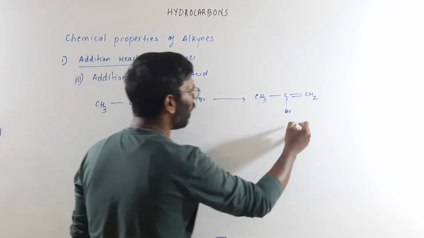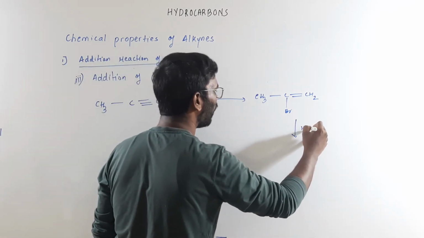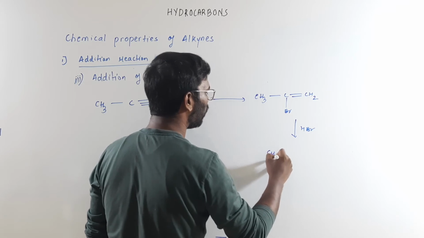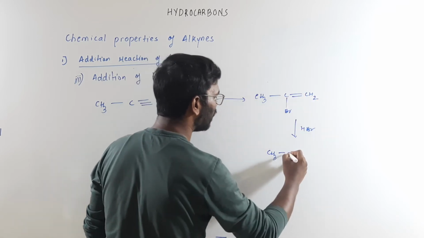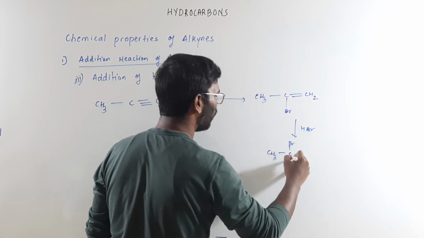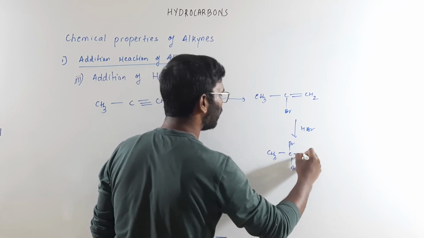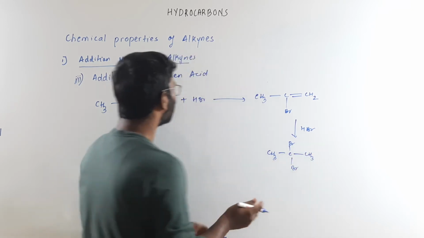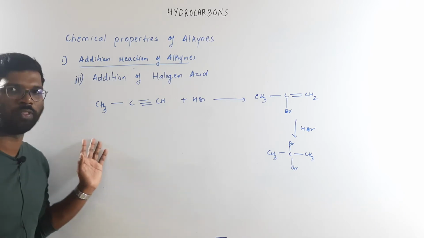Now further if I add HBr to this, again Br will go to the carbon which has fewer hydrogens, that is Br over here, Br, and this is going to change to CH3. So this is the process of the addition of the halogen acid.